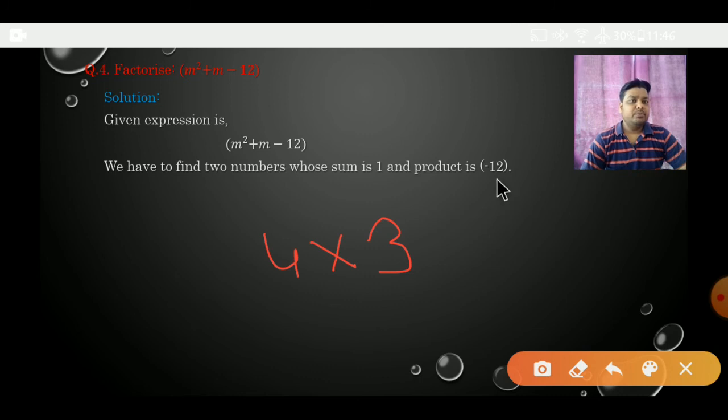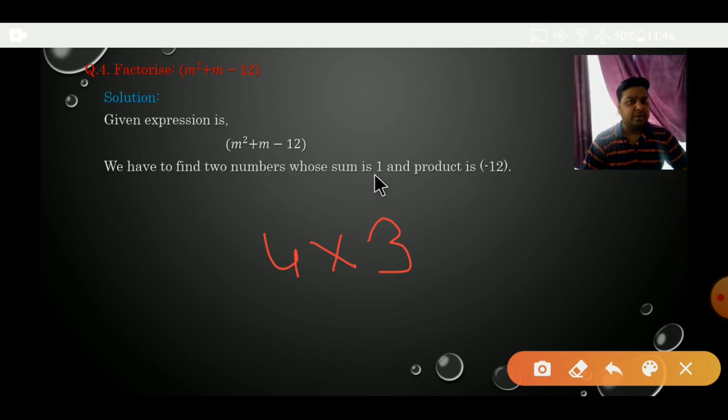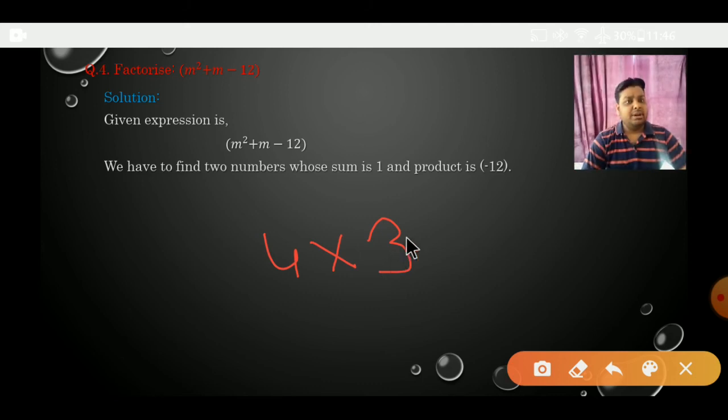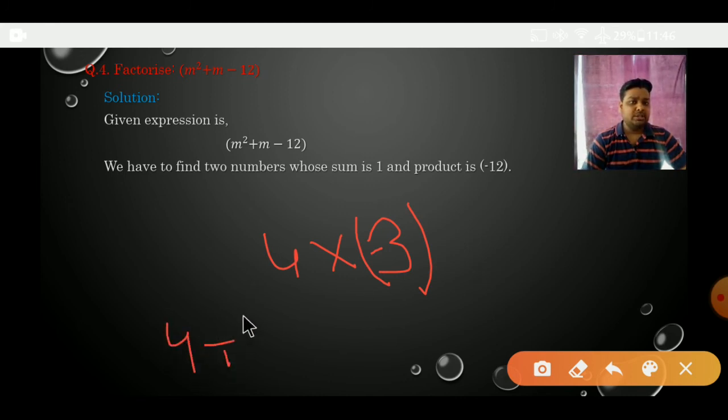Now on which number will we write the minus sign? At first here you can say the sum will be plus 1. If we write the minus sign over the bigger number, then, because minus 4 plus 3 will give minus 1. But if we add 4 plus minus 3, we will get plus 1.